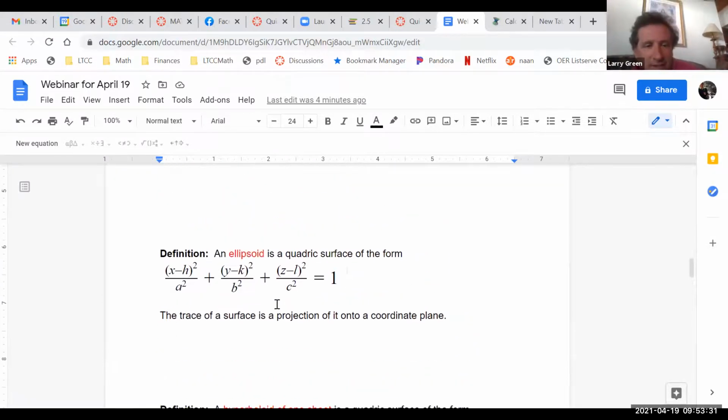So just a note, what makes us special? See if you remember, what's the main difference in terms of the equation between an ellipse and a hyperbola?